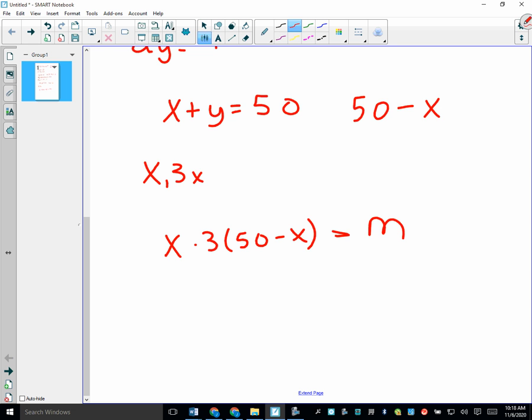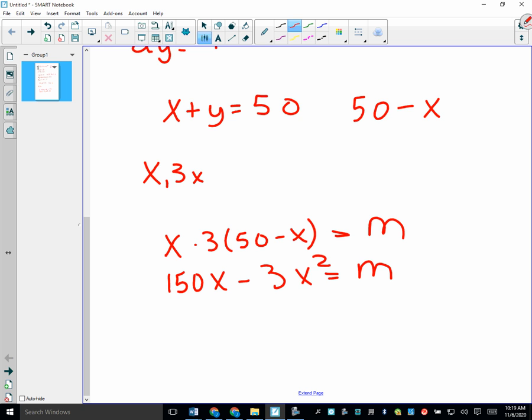I want to find their maximum. So I have 150x minus 3x squared equals, right?